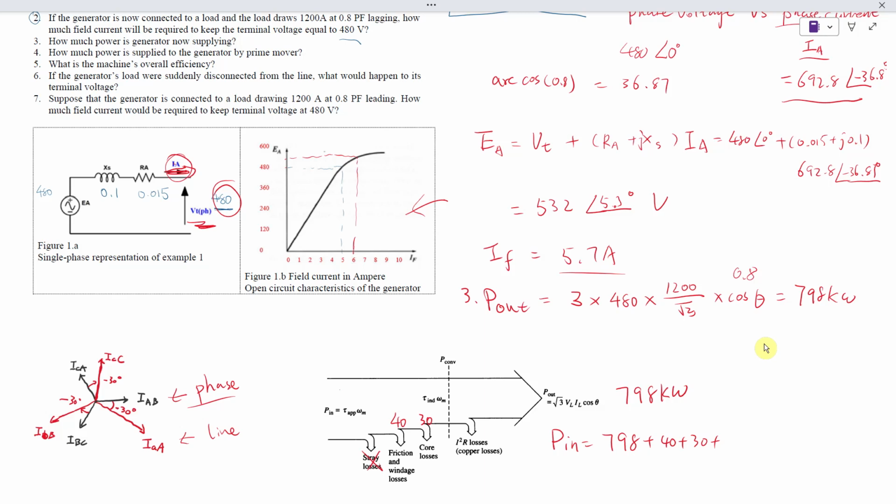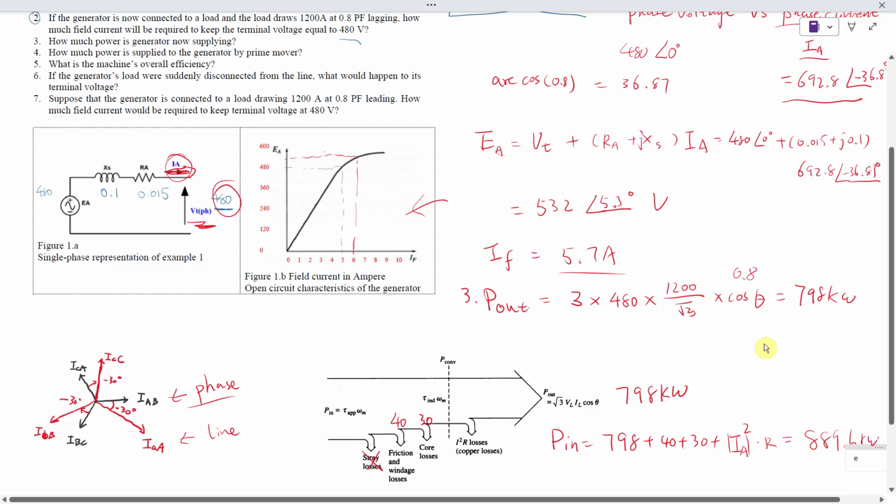So we already have this IA number, so we compute the I square R losses, and we just add everything together. And got this 889.6 kilowatt. Okay.